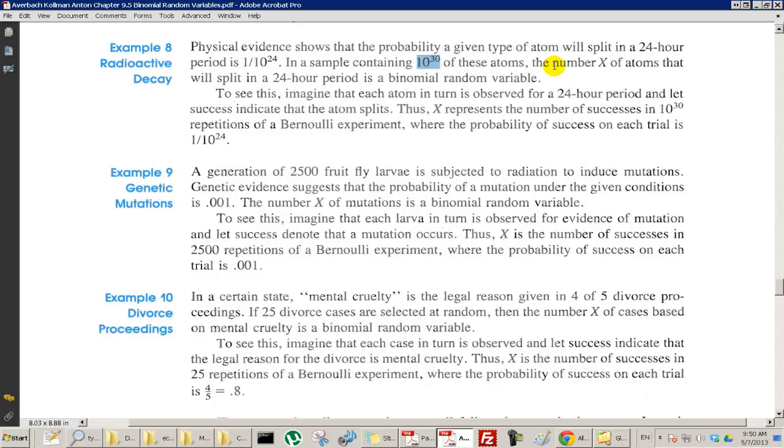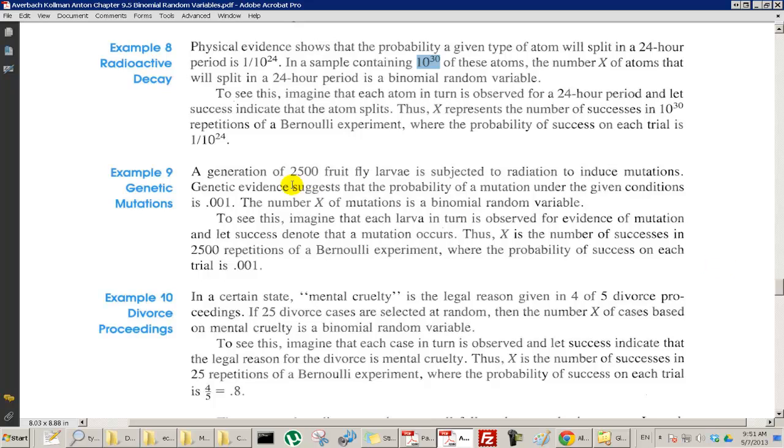Find the probability that a certain number of them will split in the 24-hour period. So it's again the same question as tossing a coin, but here we would be tossing a coin 10 to the 30th times. But the calculation will be very similar.